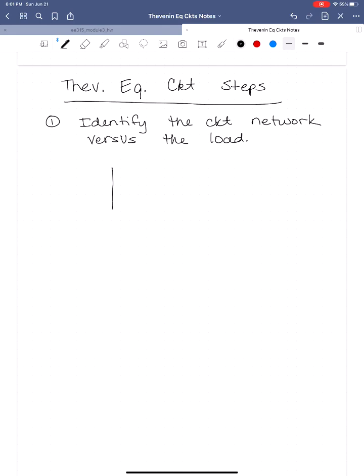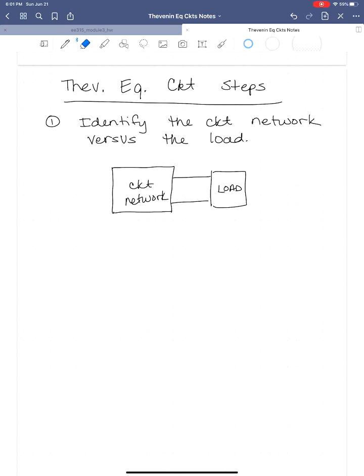Again, just drawing kind of boxes here. We have to be able to clearly identify between our circuit network and the load. A load can actually be a group of elements together, but in this class, it's going to be a single element, a resistor 99% of the time.